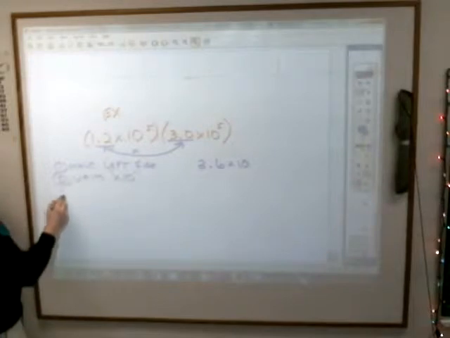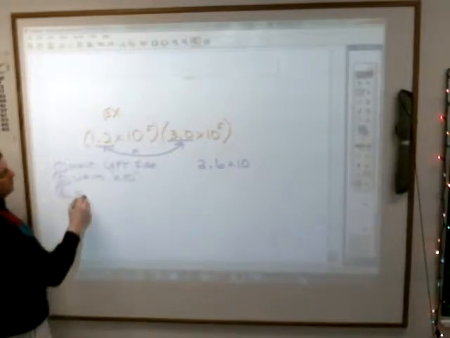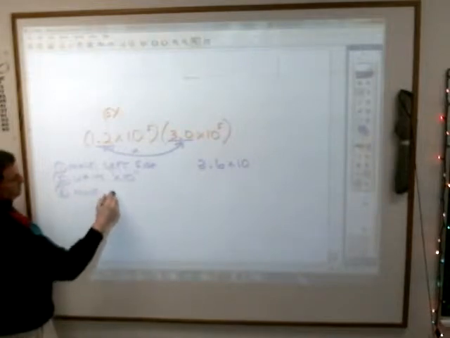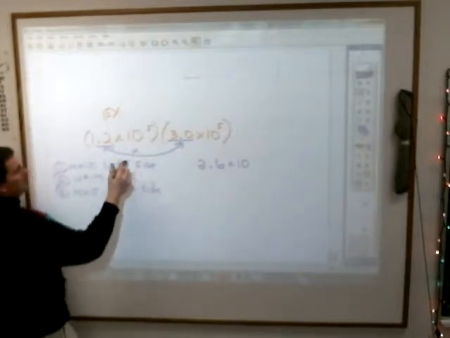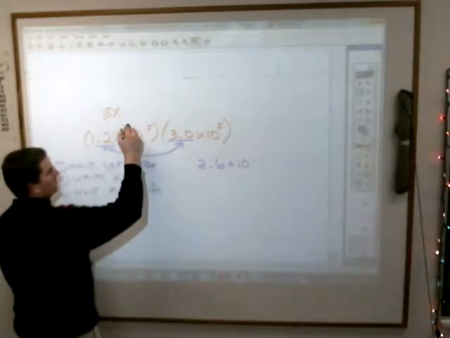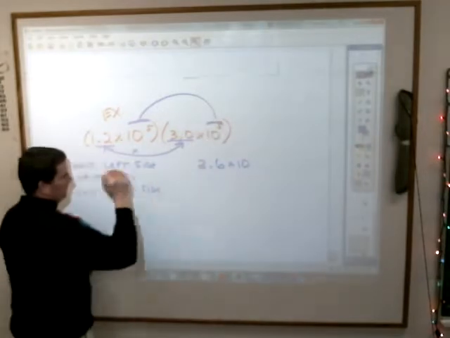Now, step 3 is where people get confused. In step 3, we're going to multiply the right sides. In other words, I'm going to multiply 10 to the 5th times 10 to the 5th.